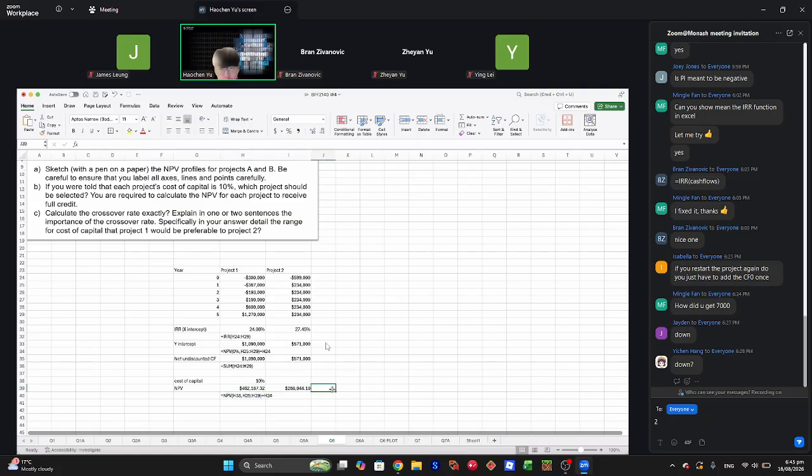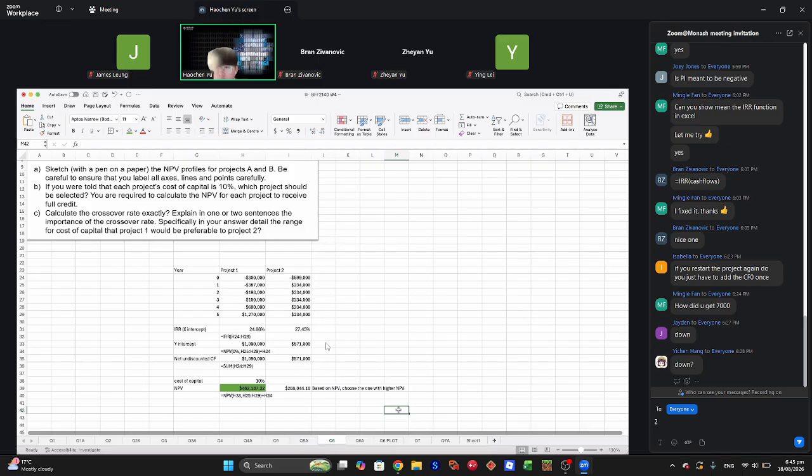It will be project 1, because this one is greater. So based on NPV, we always choose the one with higher NPV. So this is the decision rule of NPV.